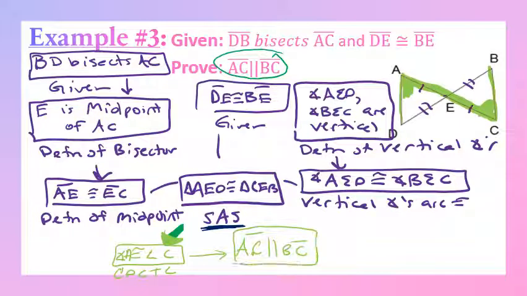And I know that if alternate interior angles are congruent, then 2 lines are parallel. So it's the converse of the alternate interior angle theorem.